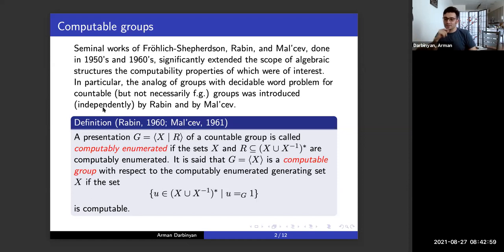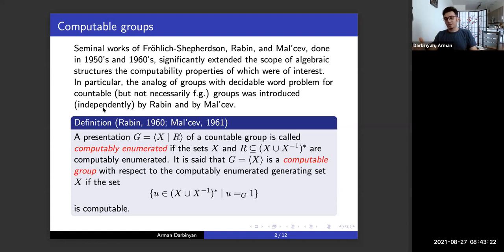The other concept I would like to go into is the concept of computable groups. The group is called computable if there exists an enumeration of the group. First of all, I would like to emphasize that when we consider computable groups, we consider groups with a given enumeration.